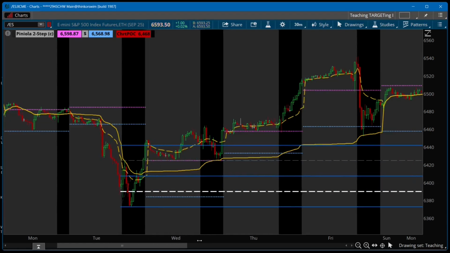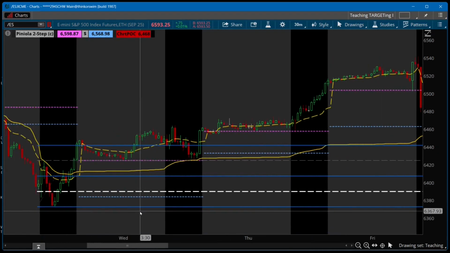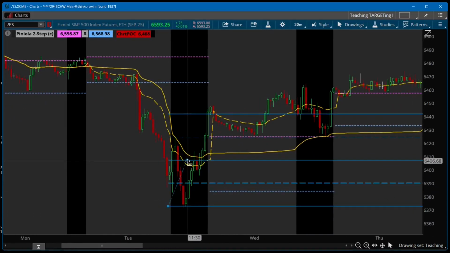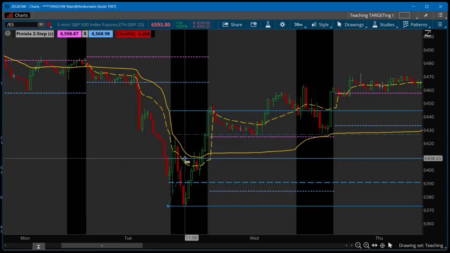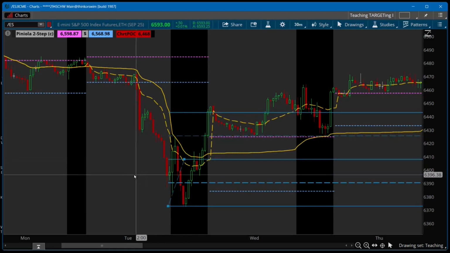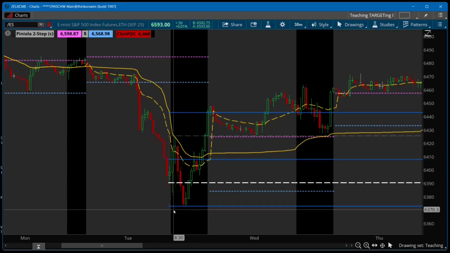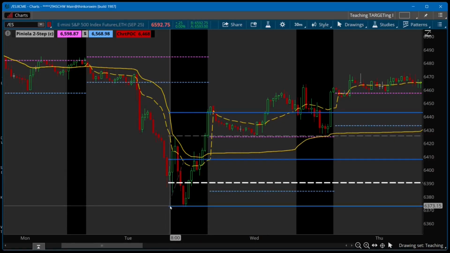Let's see here. You know, like this right there. I'm sure if I zoomed in on a 5-minute chart, it would show that it's right here. Let's see.